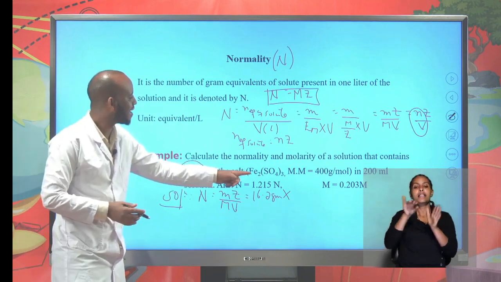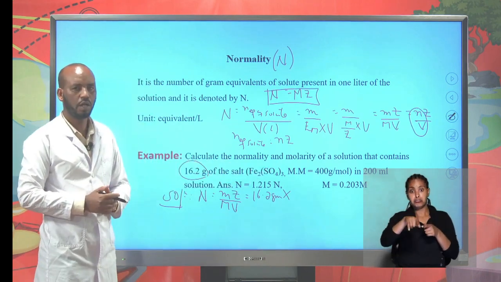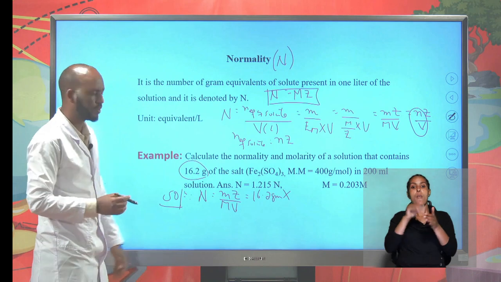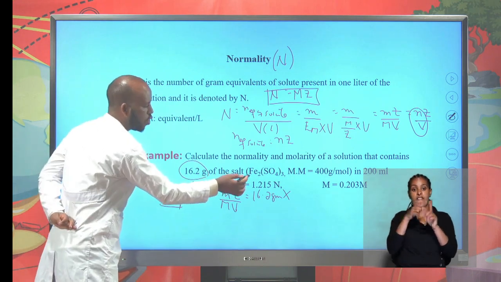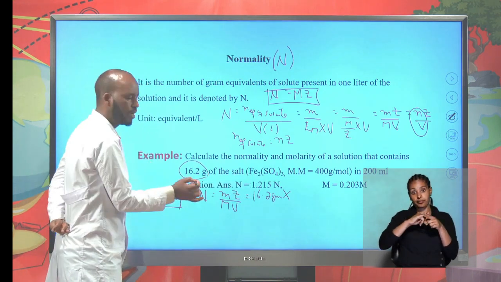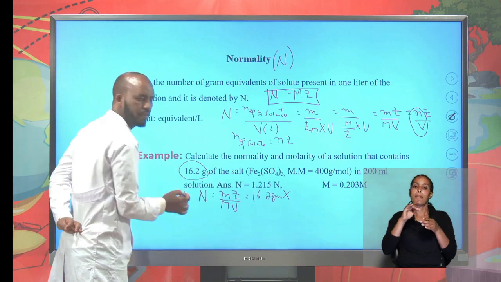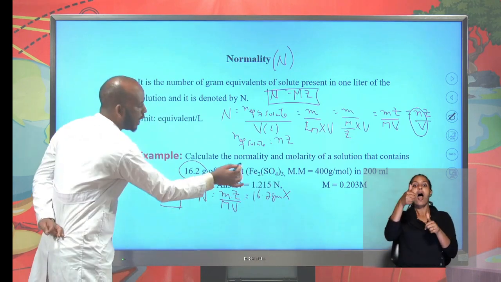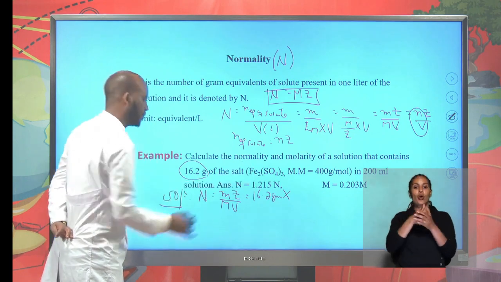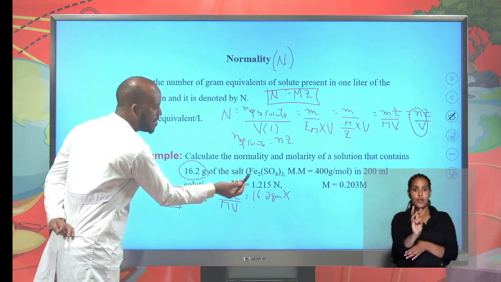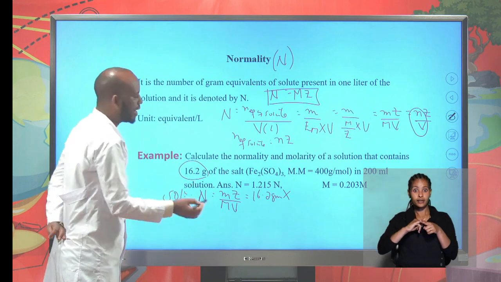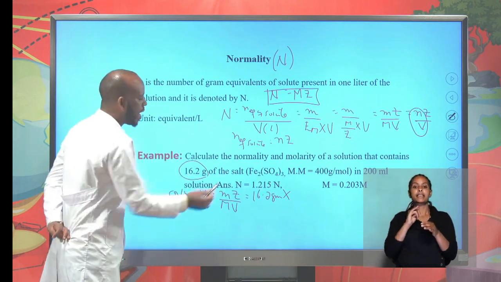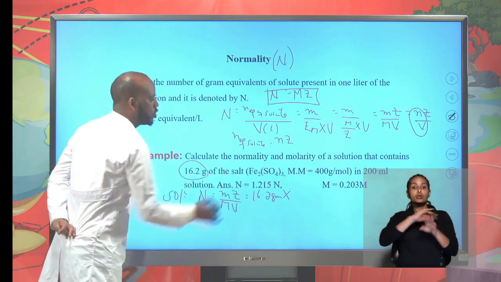The salt is iron sulfate. Total positive valence of iron: its valency is plus 3. Here we have 2 iron atoms. Therefore, total positive valence is 6. For 1 iron, the valency is 3. For 2 iron, the total is 6.